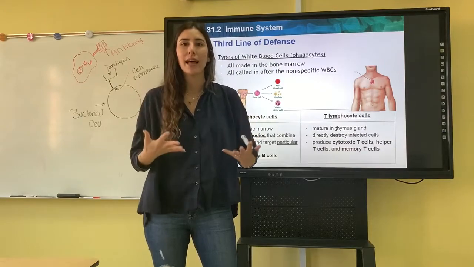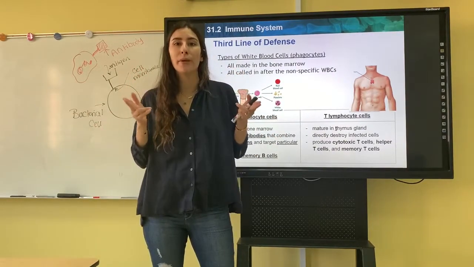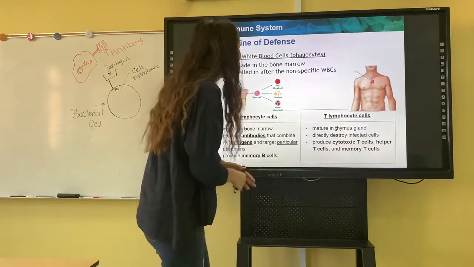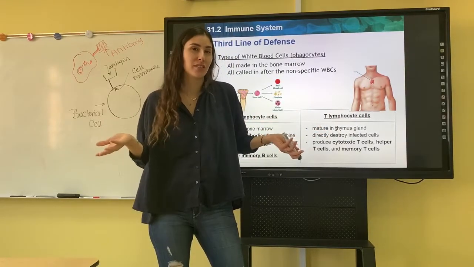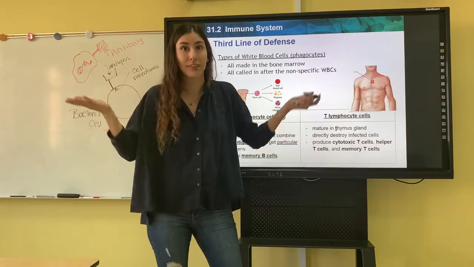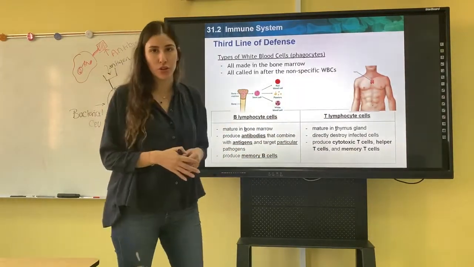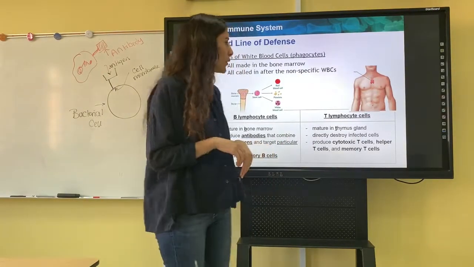They produce chemicals and enzymes that allow the pathogen to be destroyed. They produce the weapons, okay? Cytotoxic T cells produce the weapons. While helper T cells, what do you think they do from their name? Helper. They help, okay, so they help the T cells and the B cells do their job, to get rid of that pathogen, kill it, so that you don't get sick, okay?